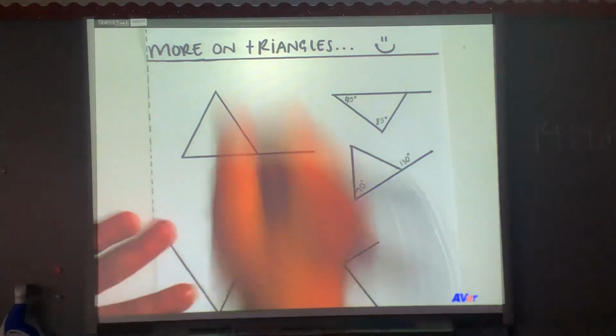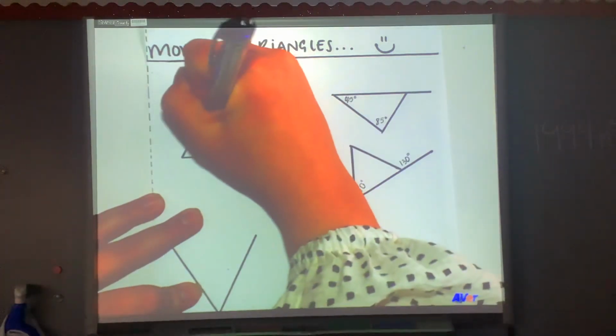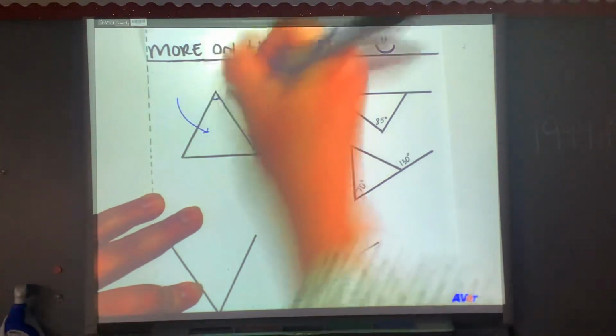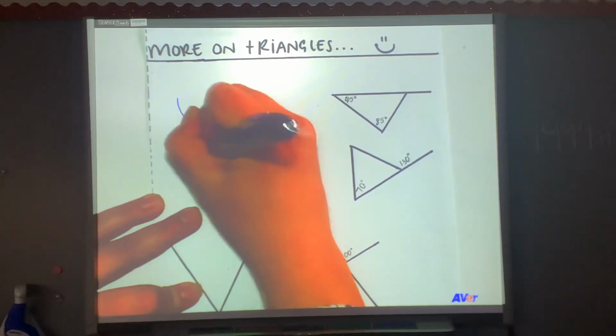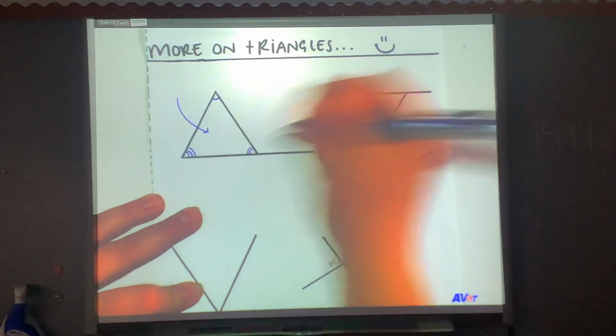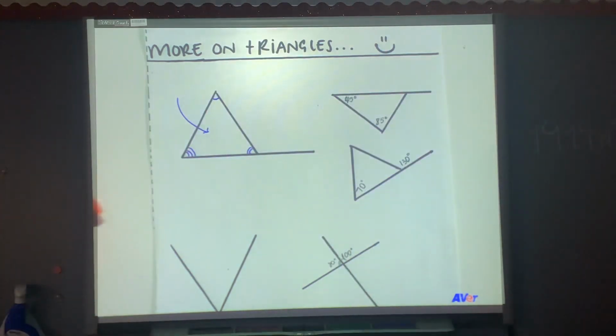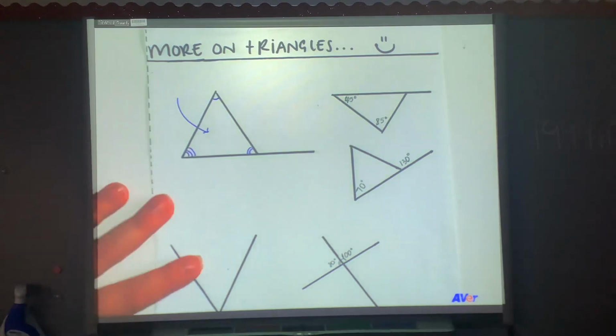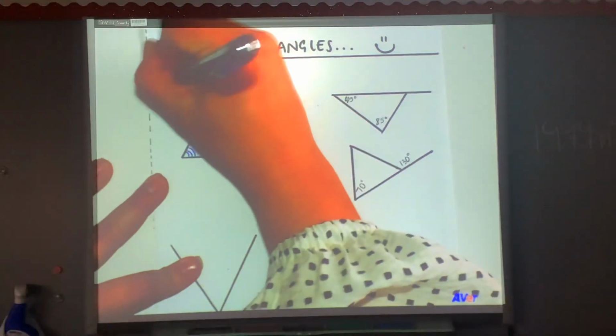So I'm going to go ahead and start off by saying the angles on the inside would be this one, and this one. I marked all of them as different sizes because I have no clue what size these are. And I'm going to call this interior.